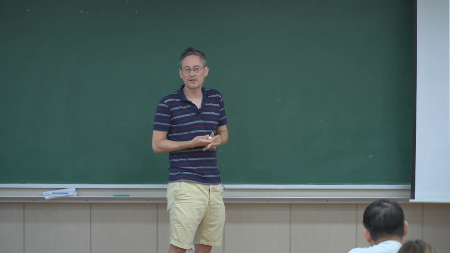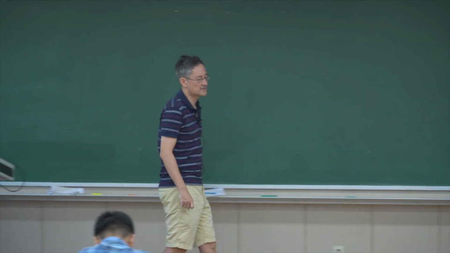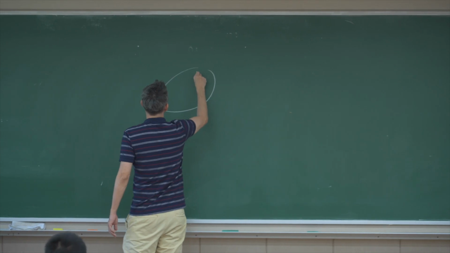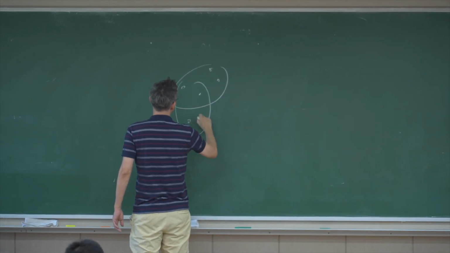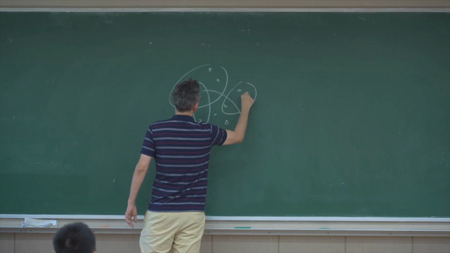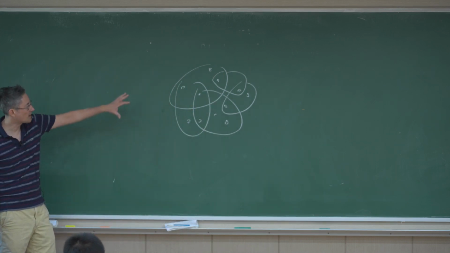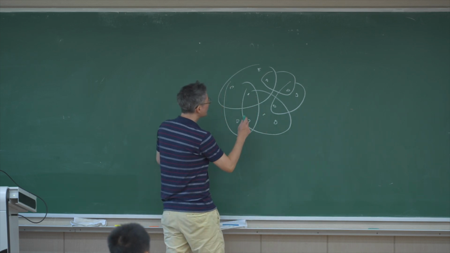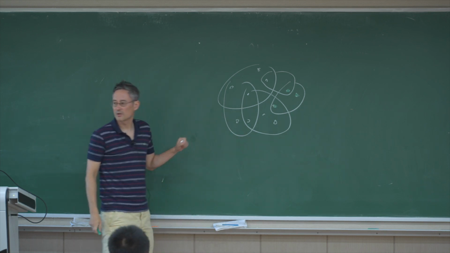There are many versions of chromatic number of hypergraphs. This is the most basic one, I think. So I have my hypergraph, like this maybe, right? Now I want to color the vertices in such a way that I'm not allowed to have a single edge, what we call a monochromatic edge.